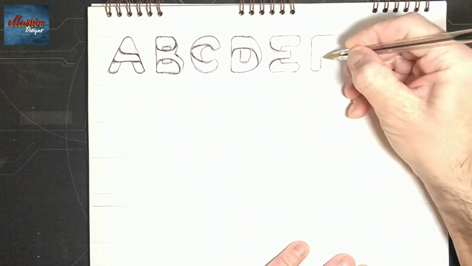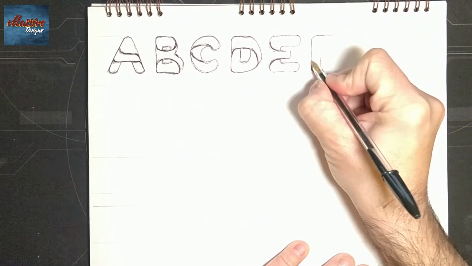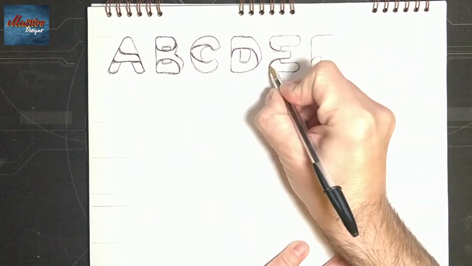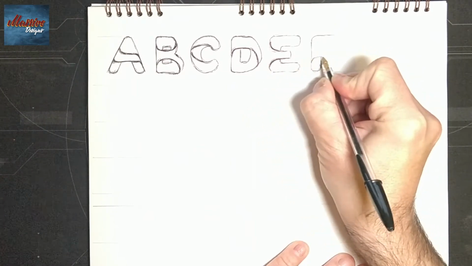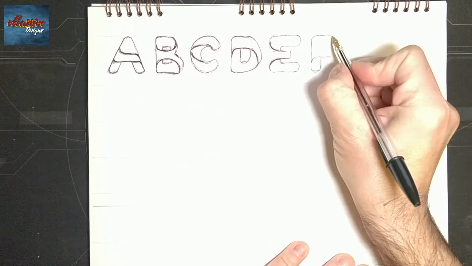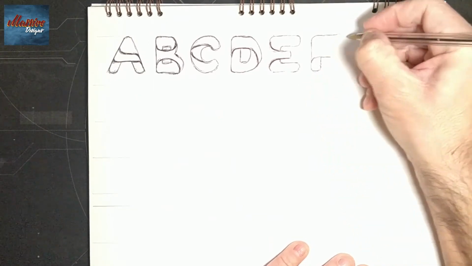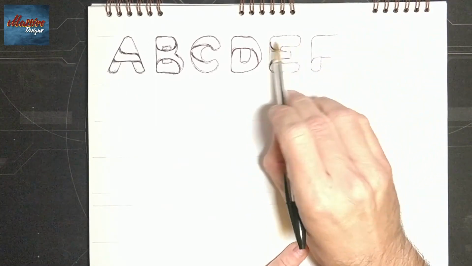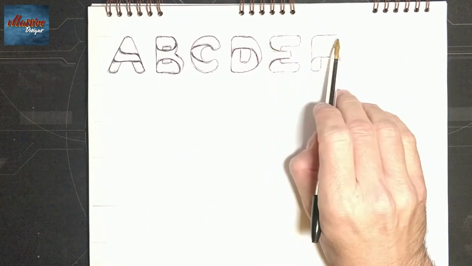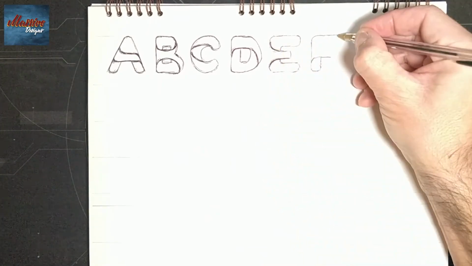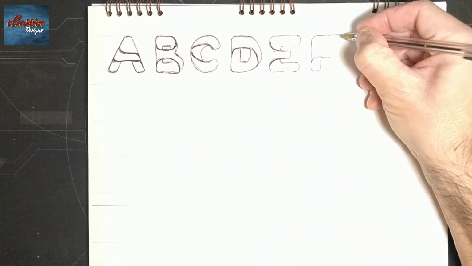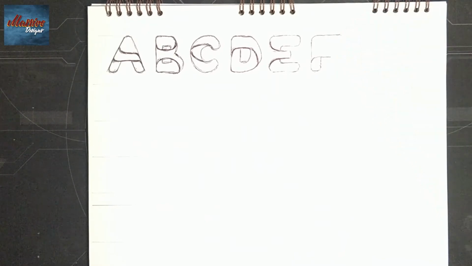we do the same, we bring the little flap here. You give it more or less the same distance as the E, so it should be something similar, let's just say something like this.